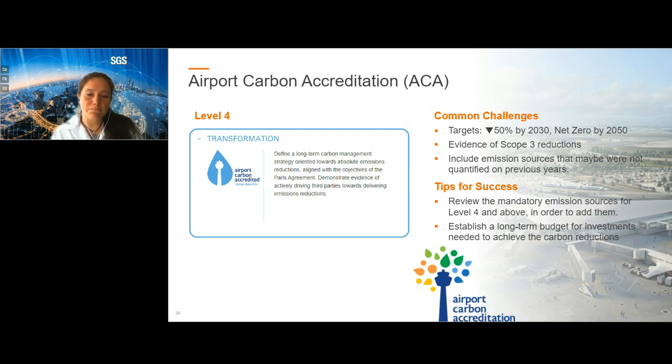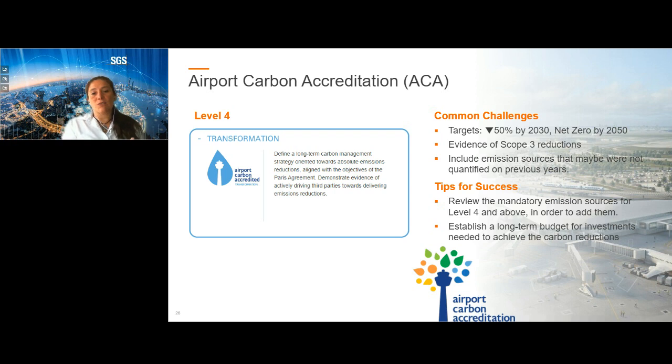So here, tips for success: see if you were quantifying everything needed. There are 3 or 4 more things, like for example refrigerants that become compulsory, or also waste. It becomes compulsory for level 4, but they're not extremely big. But now you have to include them.